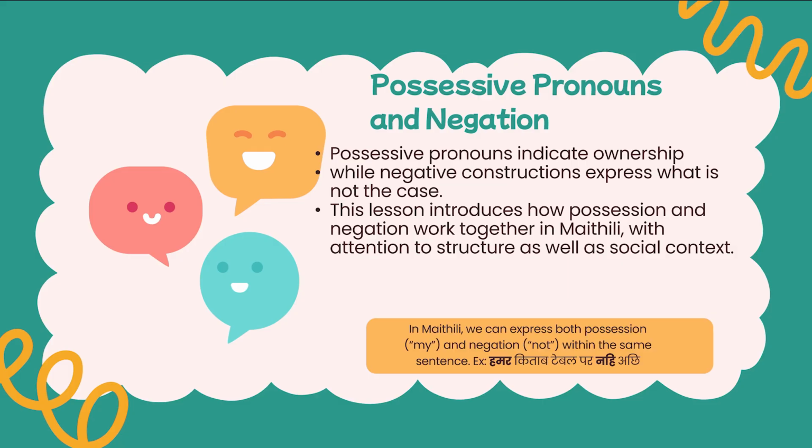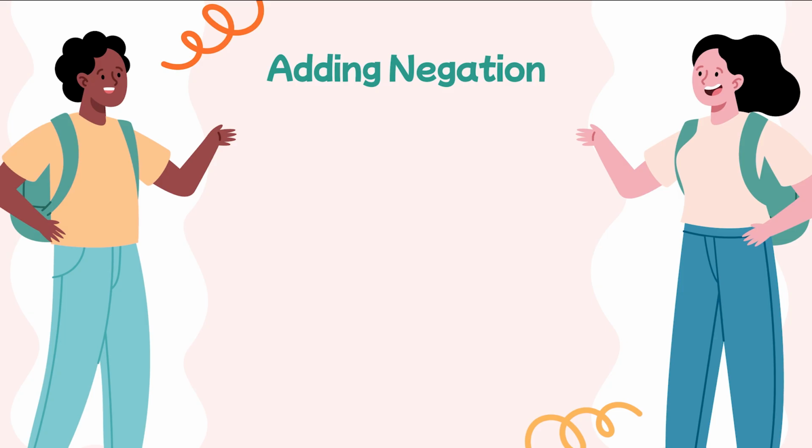In Maithili, we can express both possession and negation within the same sentence, which is commonly found across all languages. For example, we can say हमर किताब टेबल पर नहीं है. Here हमर is the possessive marker and nahi is used to negate the existence of the book on the table. How do we add negation?